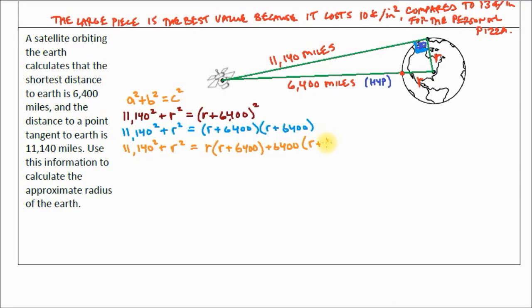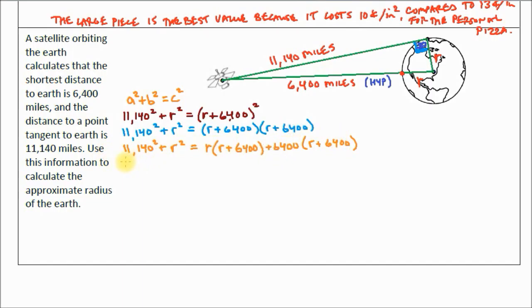Remember doing this a couple units ago. Now I know you can use FOIL in this case to solve this, but I want to just keep consistent with what I've been teaching you guys, a procedure that always works, whereas FOIL only works with two binomials.